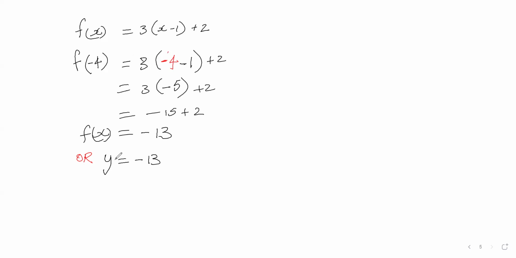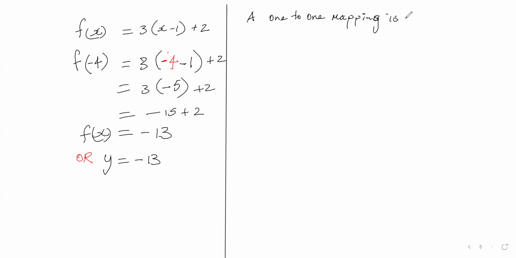Now listen carefully. A one-to-one mapping is defined by a straight line.